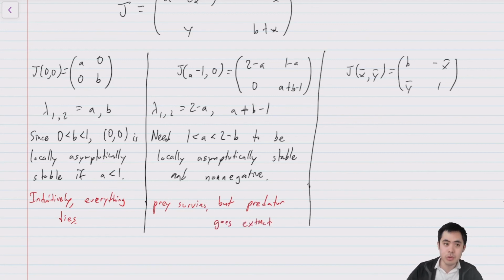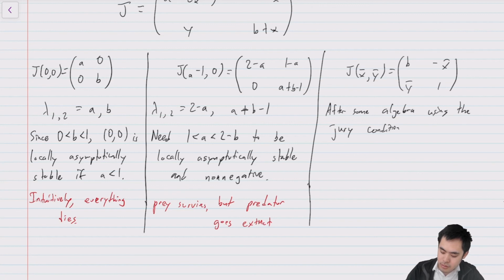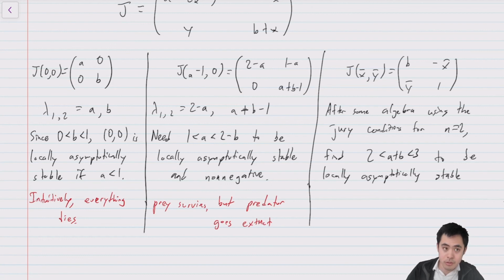And the last case is the one where we do need some Jury conditions. After some algebra using the Jury conditions for n equal to 2, we find that 2 is less than a plus b is less than 3 to be locally asymptotically stable and non-negative.